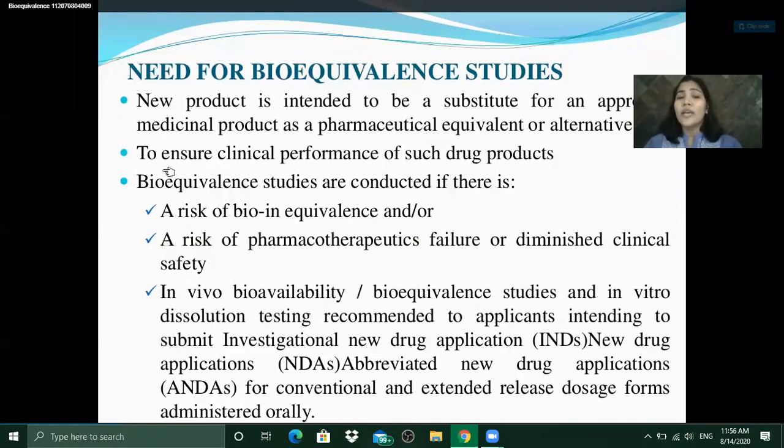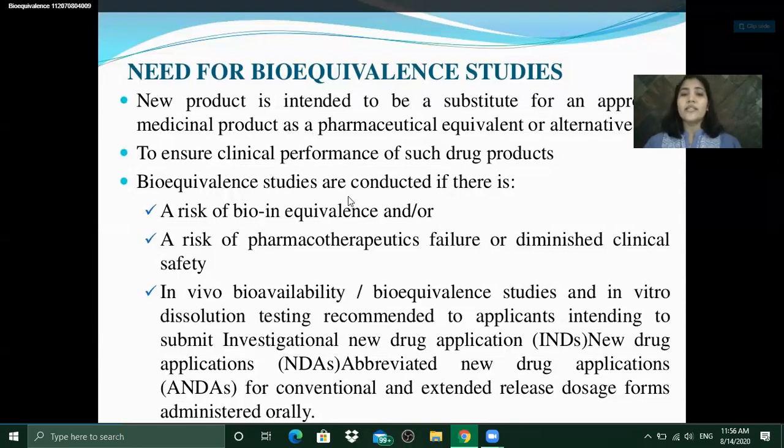Then, to ensure the clinical performance of such drug products: even if you are making a drug which is already available in the market under a different brand name, you would still want to make sure that its clinical performance is the same as that of the drugs already available in the market.